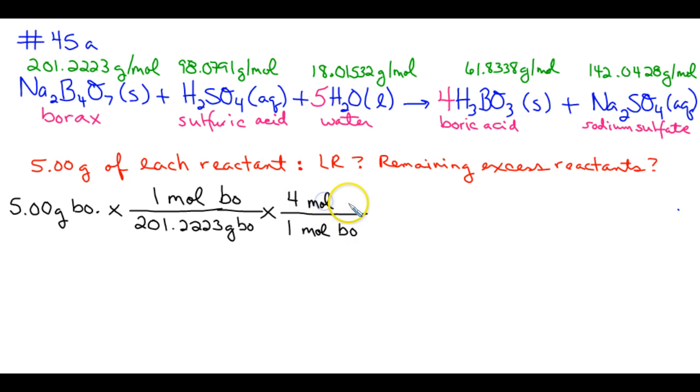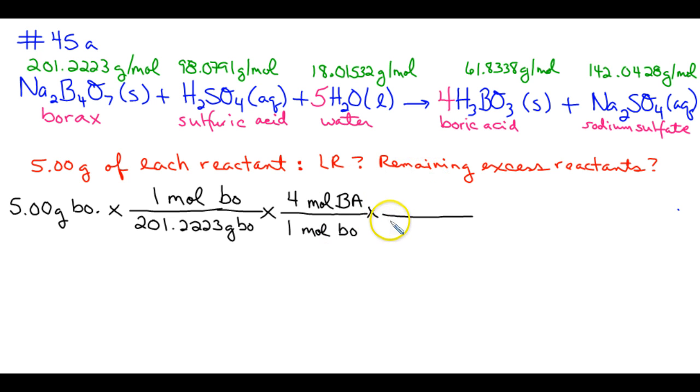And for every 1 mole of borax, there are 4 moles of boric acid, and I'm going to abbreviate that BA for the sake of space. And then I'm going to go ahead and convert these to grams. Now, you don't have to convert it to grams unless you don't want, usually the problem asks you how many grams of product or what is your theoretical yield.